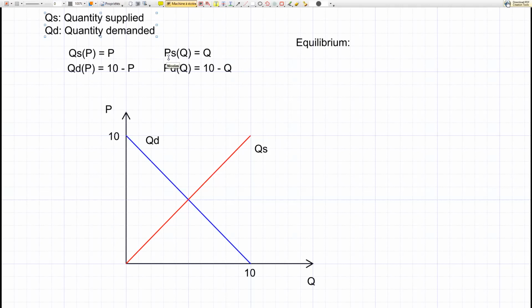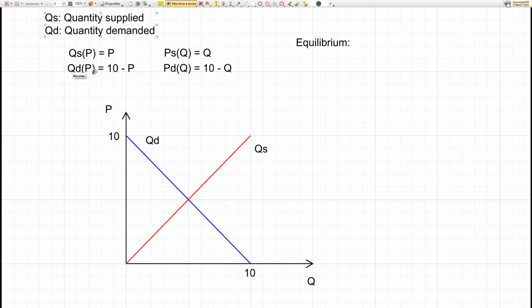Because here what you're saying is the price on the market for producers to want to sell a quantity Q is equal to Q, and so it would be PS of Q. And this would be the price that the consumers would be ready to pay if the market quantity is Q, which would be this quantity 10 minus Q. But you realize that to get QS of P equal P and PS of Q equal Q, I just have to reverse Q and P and I get the same thing.